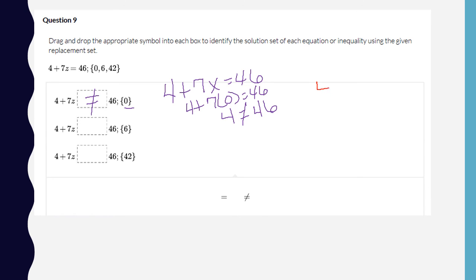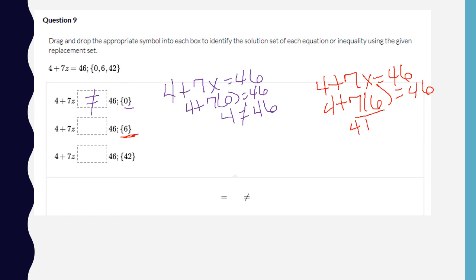The second one, I'm going to plug in the 6 that it has. So I multiply first. I get 4 plus 42 equals 46. And 4 plus 42 gives me 46. That does equal 46. So that one's equal.